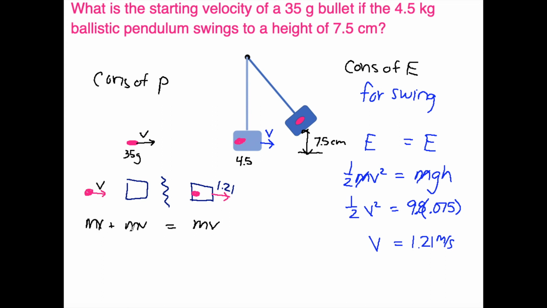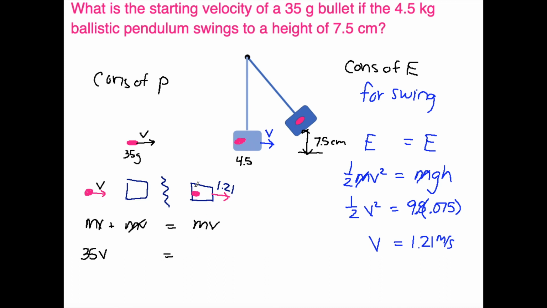So this one's not moving, but for this one, the mass of the bullet is 35 grams. Remember in these, it doesn't matter if I put it in grams or kilograms. I think I'll keep all these in grams for this one. So my mass is 35 grams. My velocity is what I'm looking for.